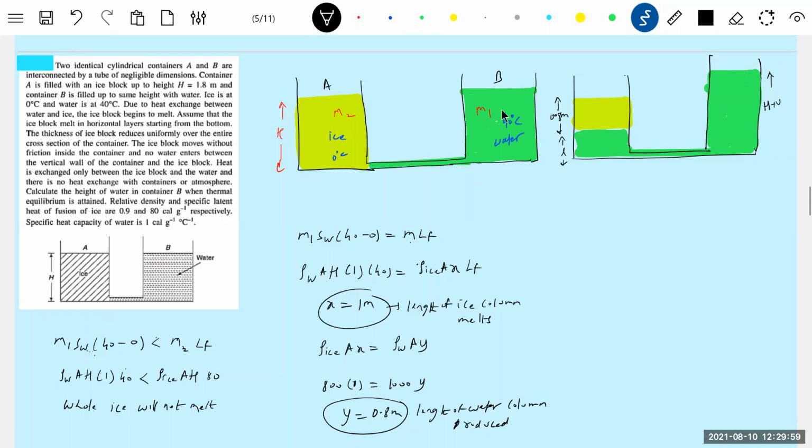That L should be equal to Y, no? This Y length of water column, in that some L1, I'll write it, sorry, L1. Water, ice, water, 0 degrees Celsius, 0 degrees Celsius.